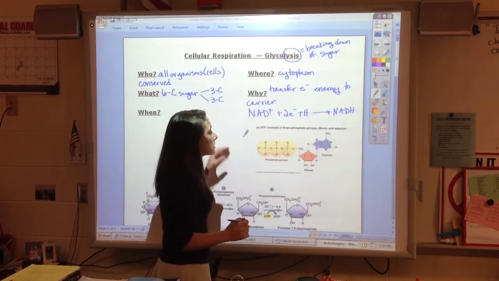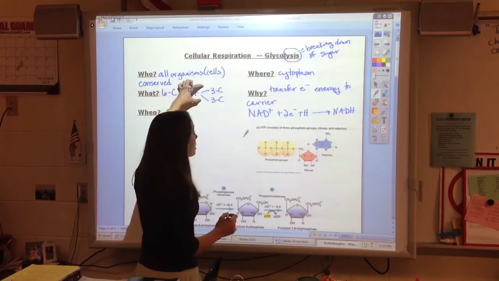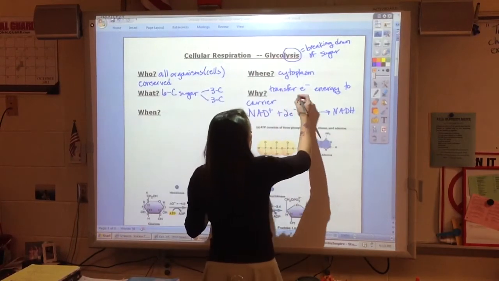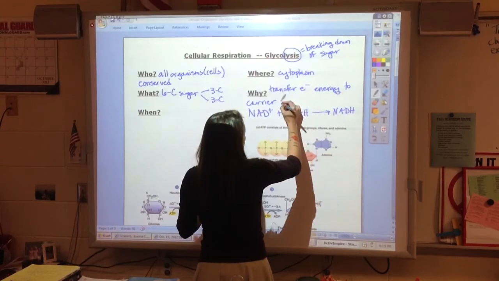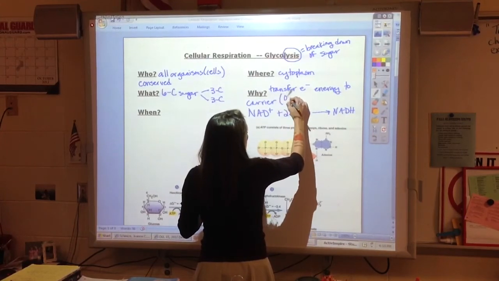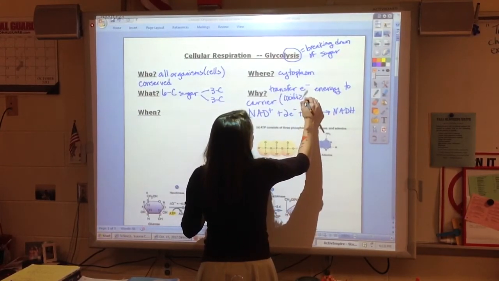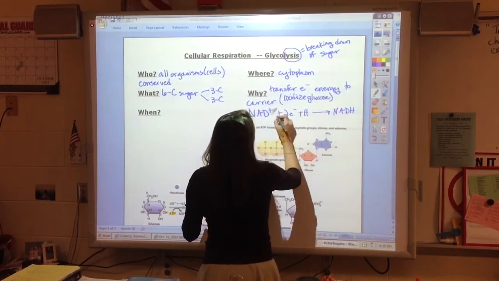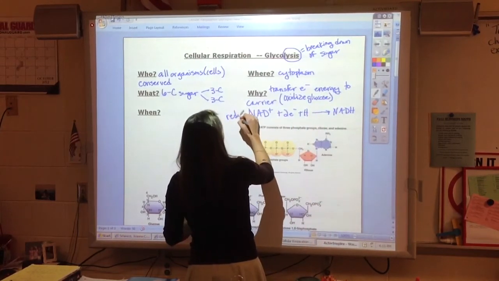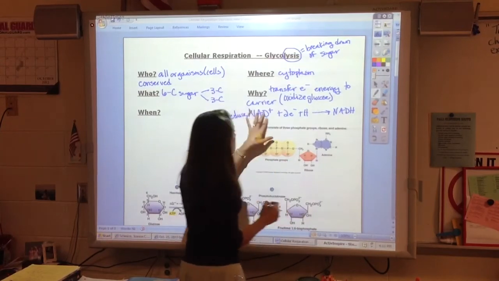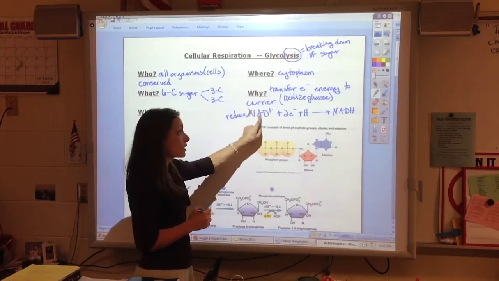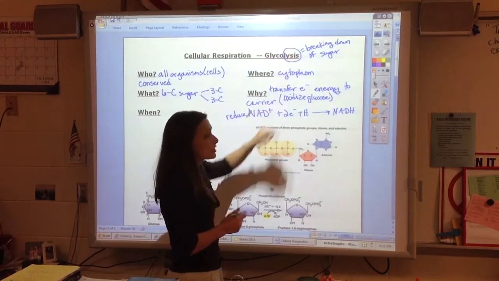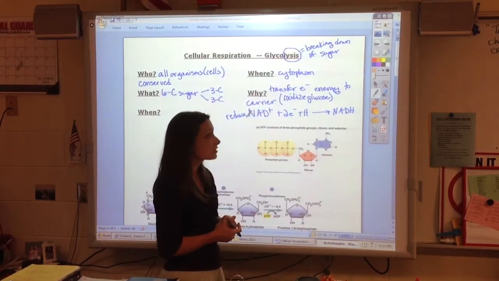We actually see the oxidation of sugar. So we're oxidizing sugar, oxidize glucose, reduce the carrier. So we're gaining electrons here, we're being reduced. The sugar is going to be oxidized.